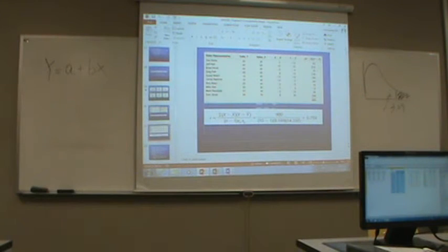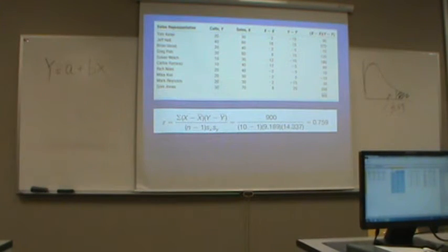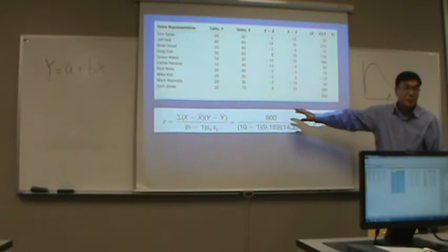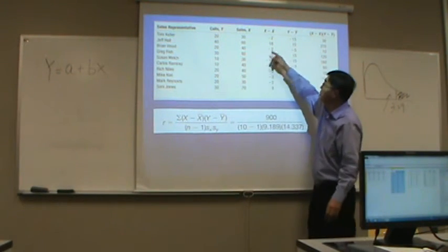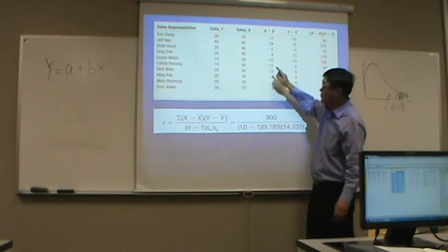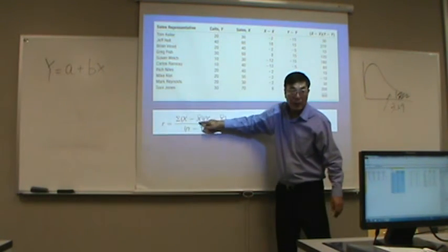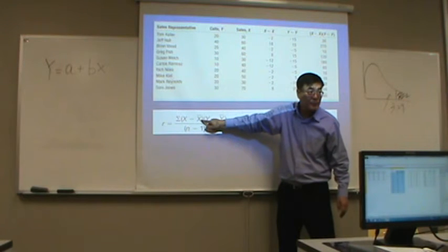So R's coefficient of determination, something like this, okay, by calculation using x minus x bar, where x bar is the mean, right?